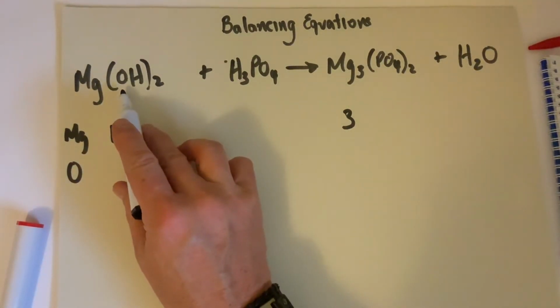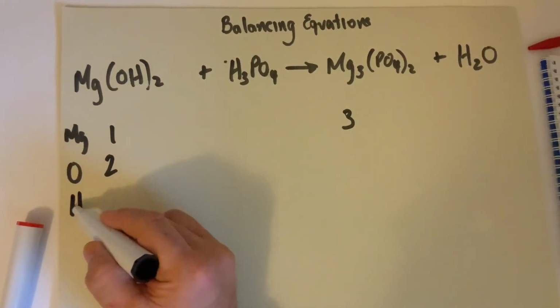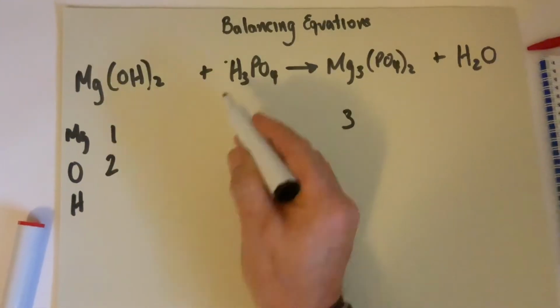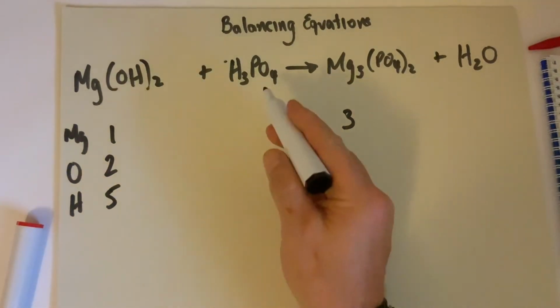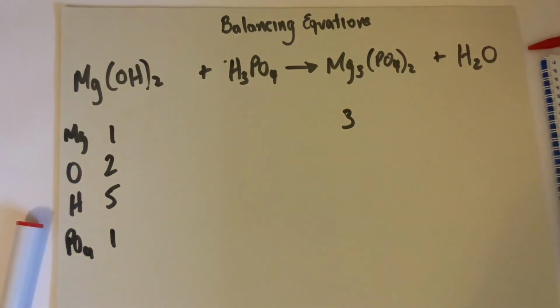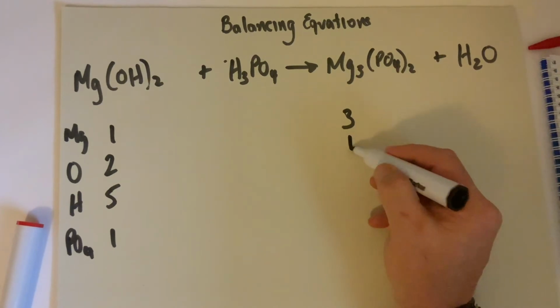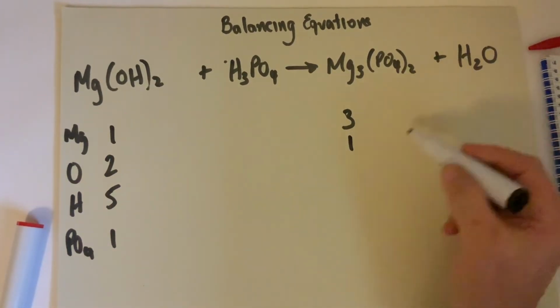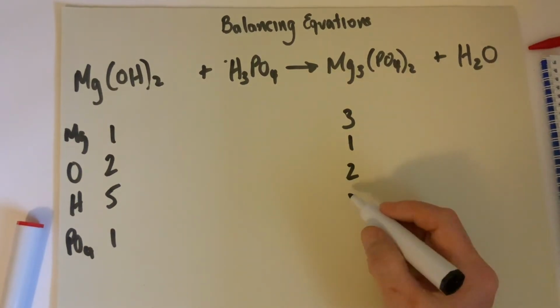We've got 2 oxygens there. We've also got 2 hydrogens plus 3 there, that gives us 5 hydrogens, and 1 PO4. We come to the other side here. Oxygens, we have 1. Hydrogens, we have 2. PO4, we have 2.